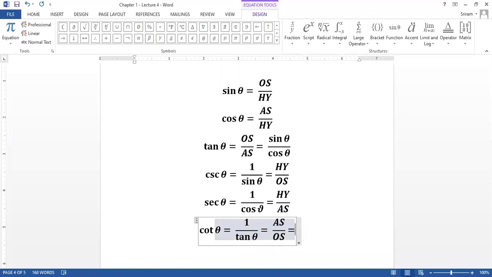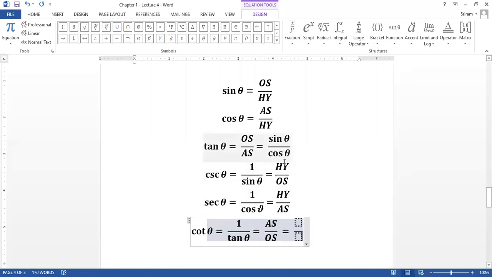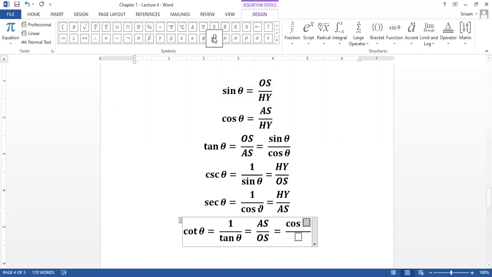Even I can express this in terms of sin theta and cos theta. Because tan theta is sin theta by cos theta, the reciprocal will become cos theta by sin theta.